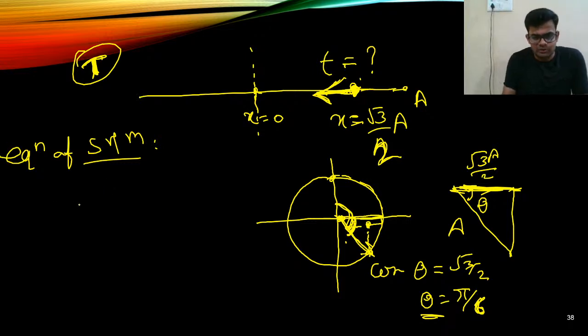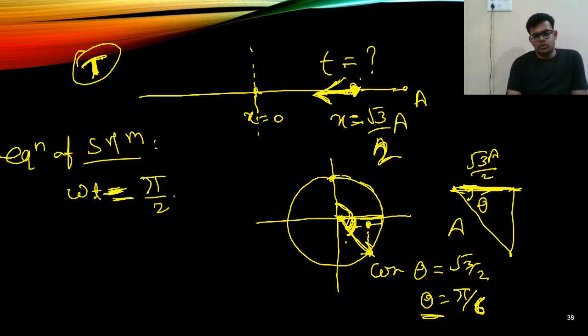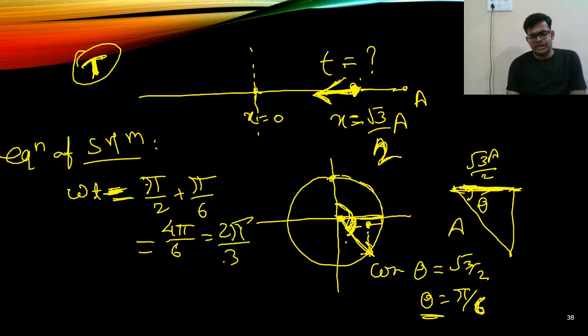So directly I can write omega into t equals pi by 2 plus pi by 6. Let us write it. You will get 3 plus 1, 4 pi by 6, which means 2 pi by 3. 2 pi by 3 you are getting, and that is omega into t.